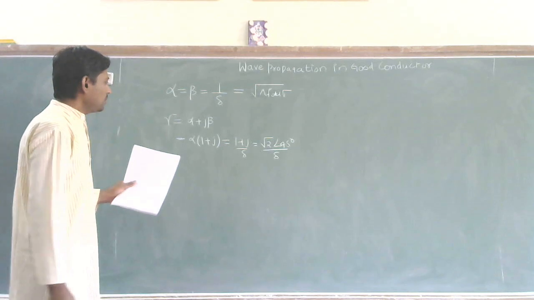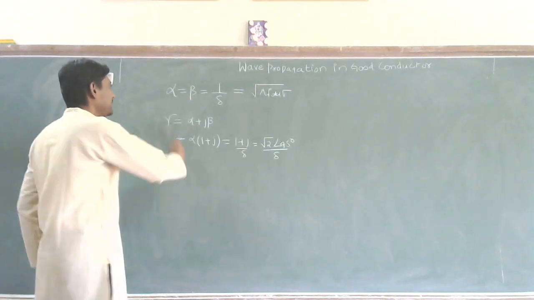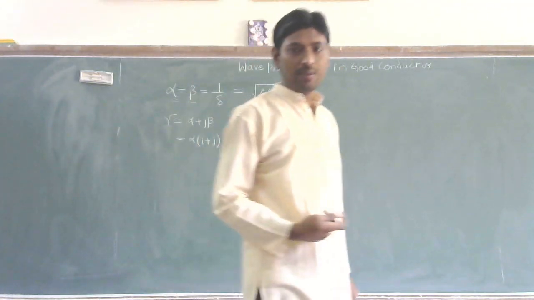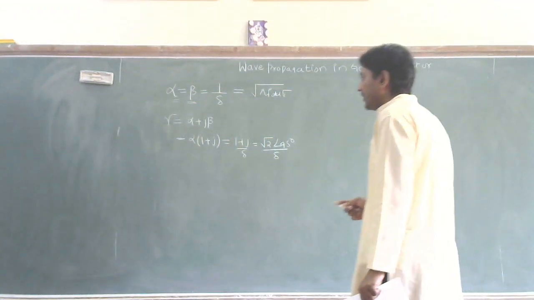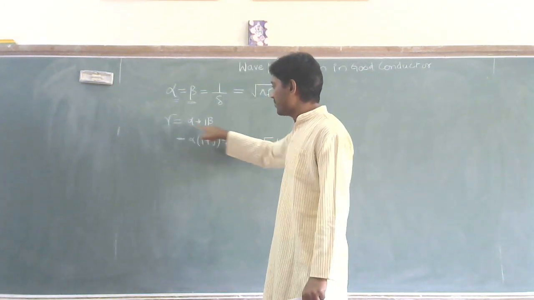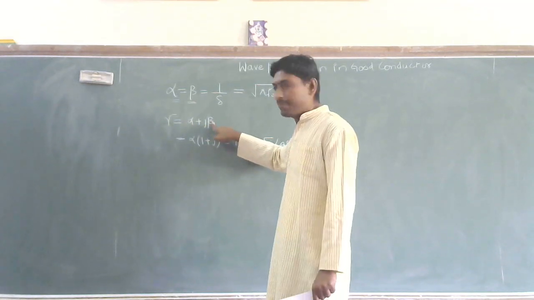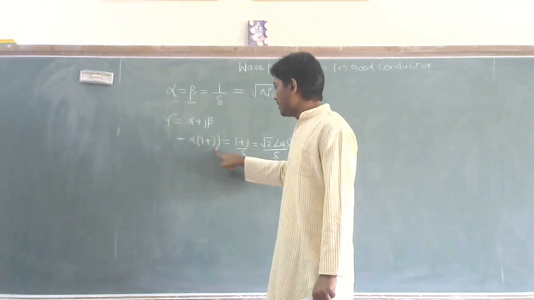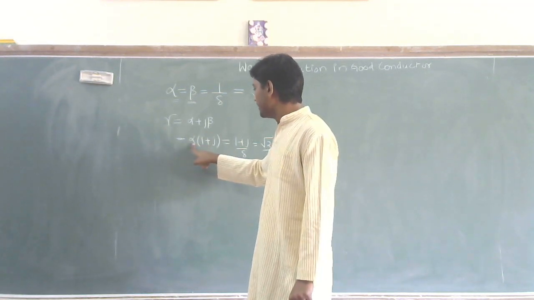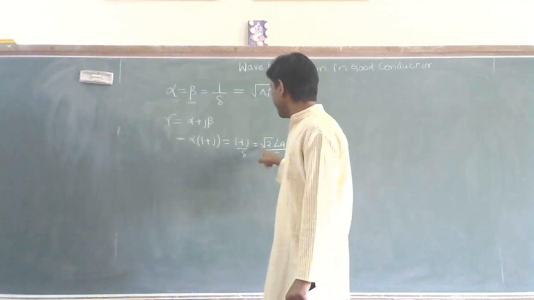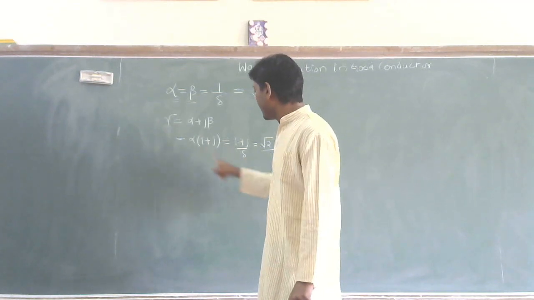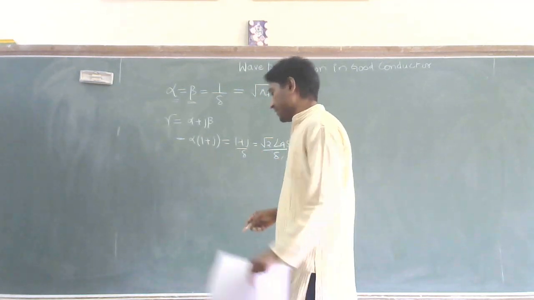So you can see that we are writing all these wave characteristic parameters in terms of skin depth. Alpha is equal to beta equal to 1 by delta, and gamma, the propagation constant alpha plus j beta, which is a complex constant, with simple modification, alpha and beta being equal, we can take common, and 1 plus j I can write as root 2 and angle 45. And alpha is 1 by delta.